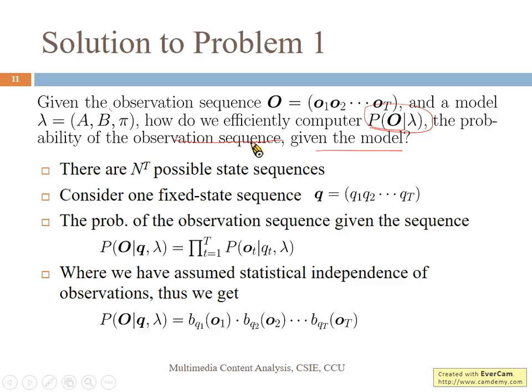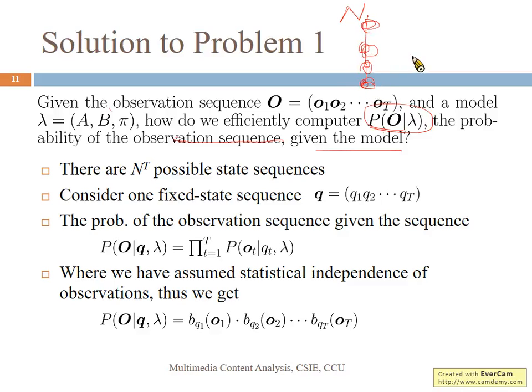At each time instance, we may have N possible states. Because we have N states, each of the N states may be possible to generate the observation.